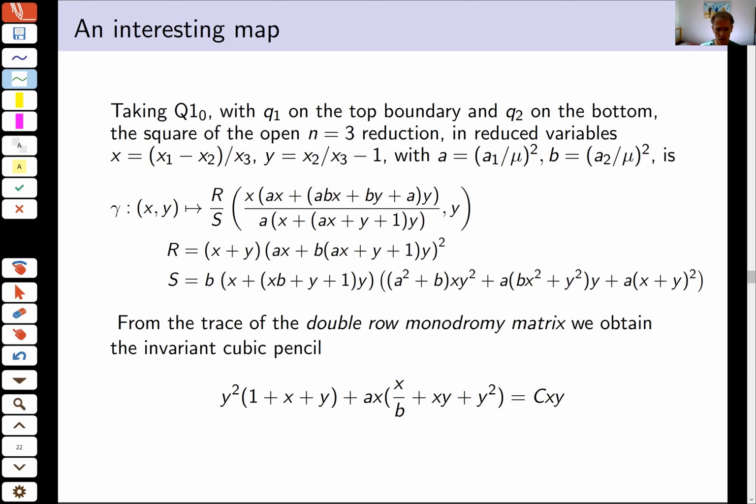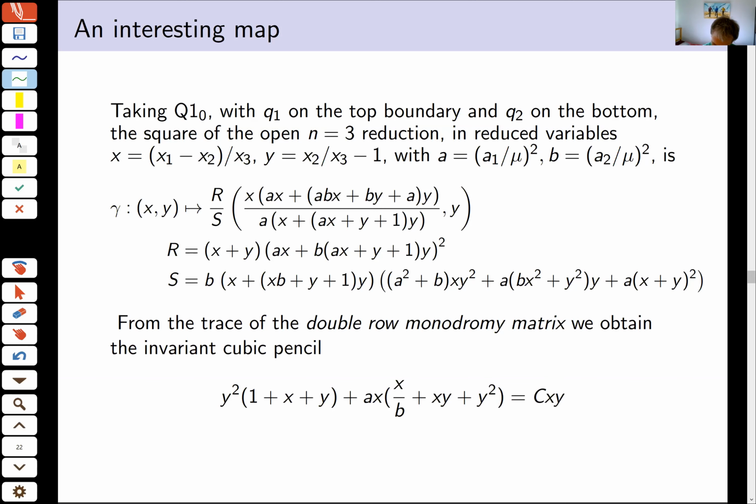So what does this mean? I have a picture for you to show you what the map is doing and what this invariant cubic pencil is. There's a parameter here, so we have two functions. The map depends on A and B, which are just parameters, and C is an arbitrary constant. For every C, we get one curve in the plane.